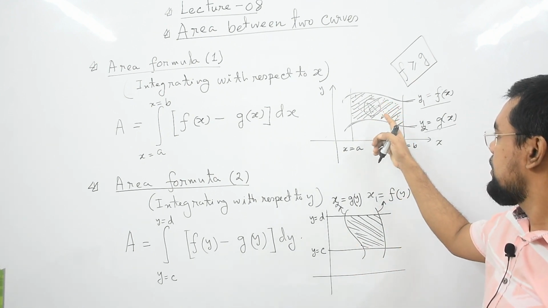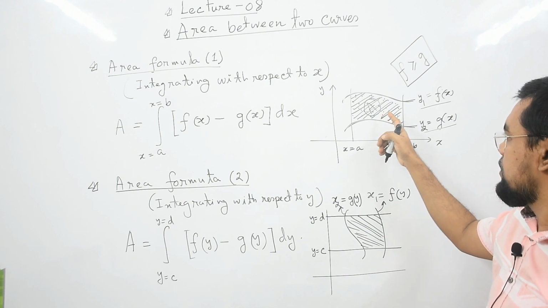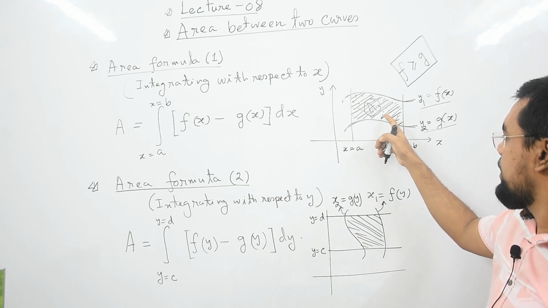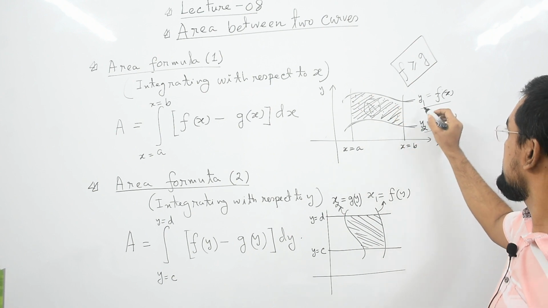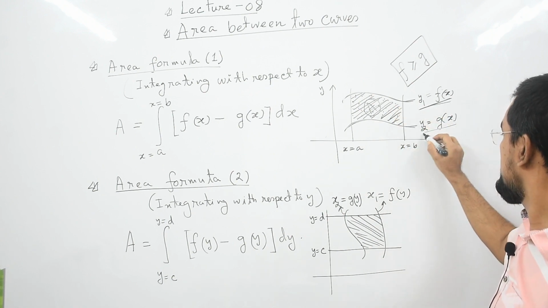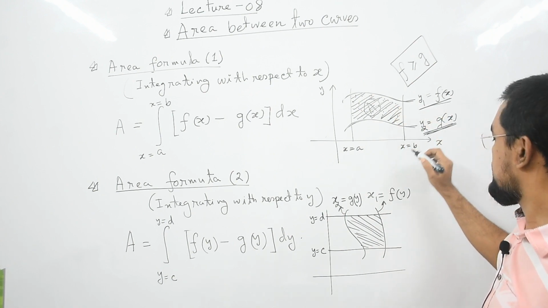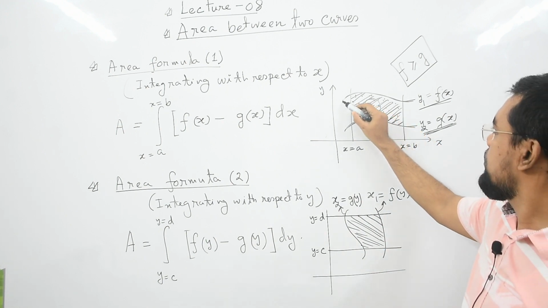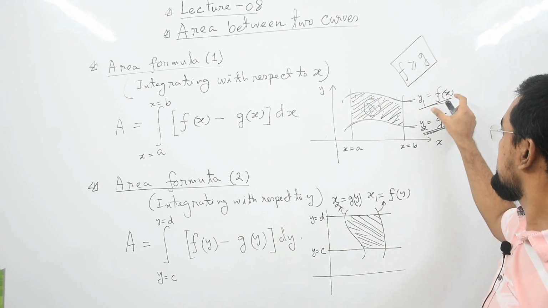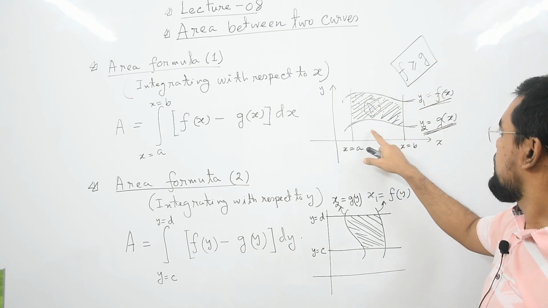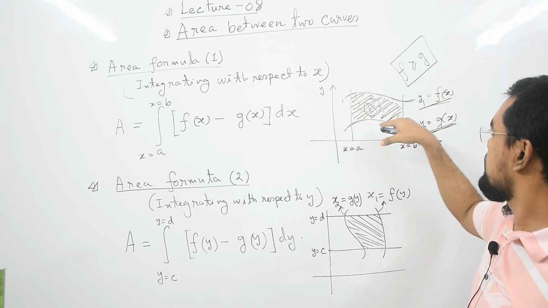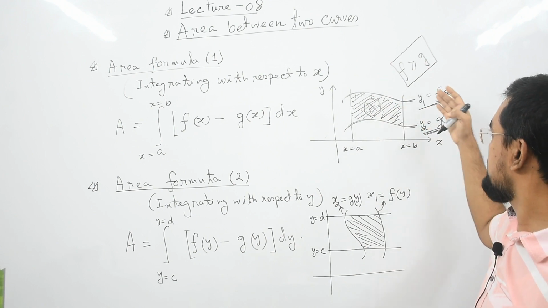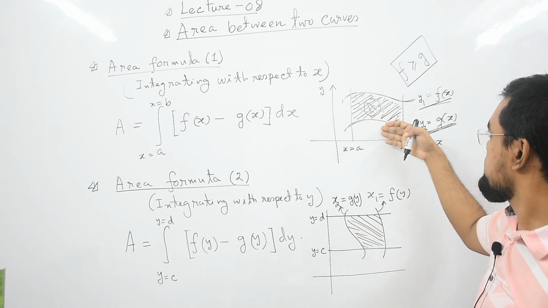The region you want to calculate area of should be bounded above by a curve and below by another curve, and the above one will be greater than the below one, because the higher you go, the larger y becomes, so the upper curve will be larger than the lower one.